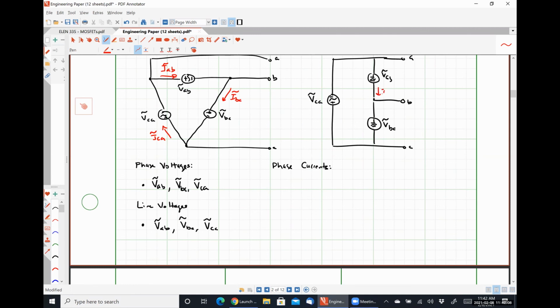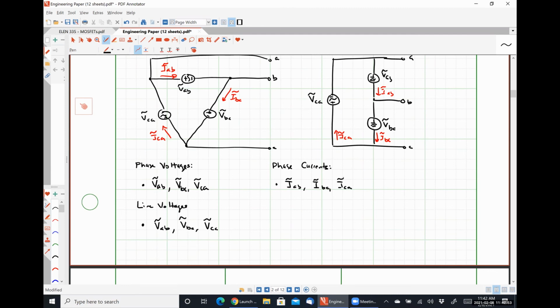And I can draw them here, like so. Again, we cannot express line currents because we aren't connected to anything, so we have no transmission lines through which to measure our current. So these are our two different possible sources that we can connect to a three-phase system.